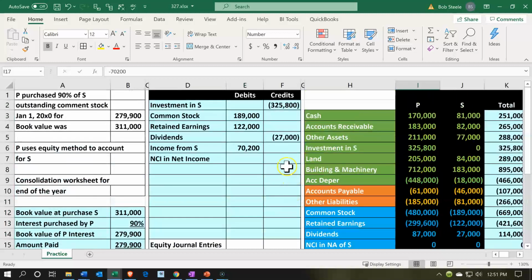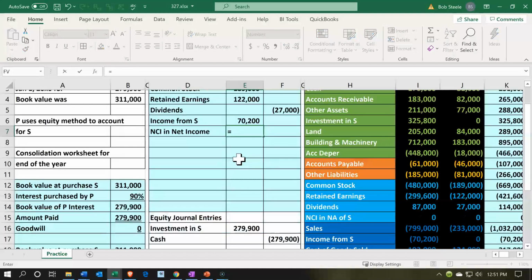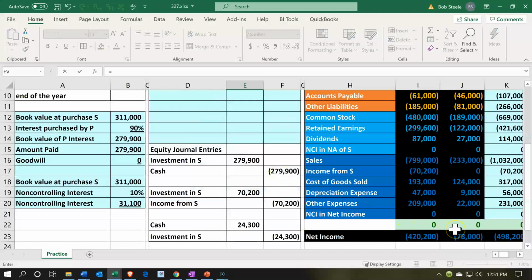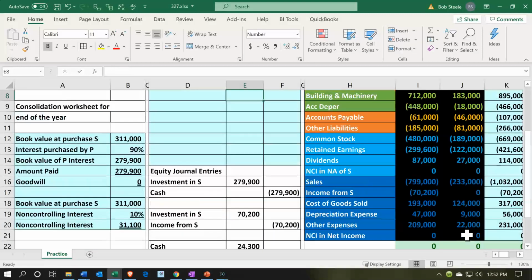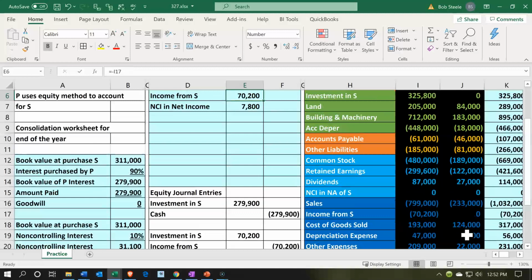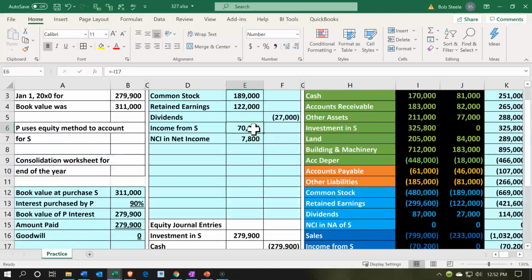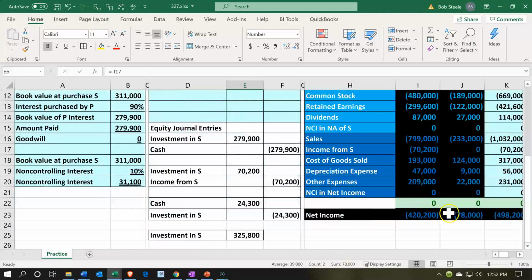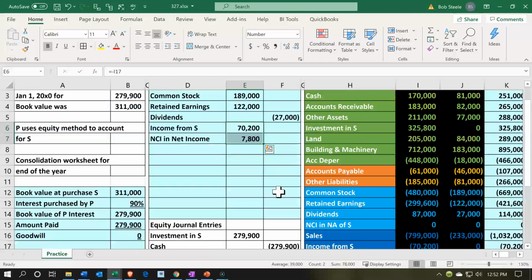So this one is going to be the negative of the net income times the non-controlling interest, or 10%. So there's the 7,800. If we add those two up, they add up to the 78,000, which is the full net income of S.